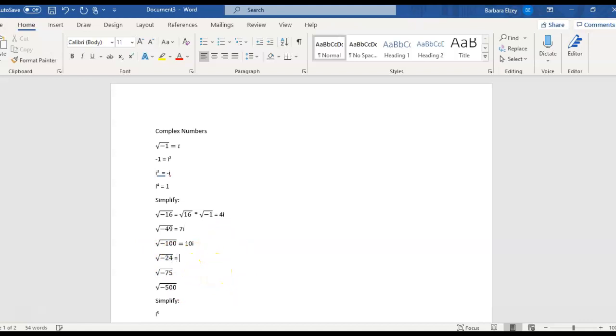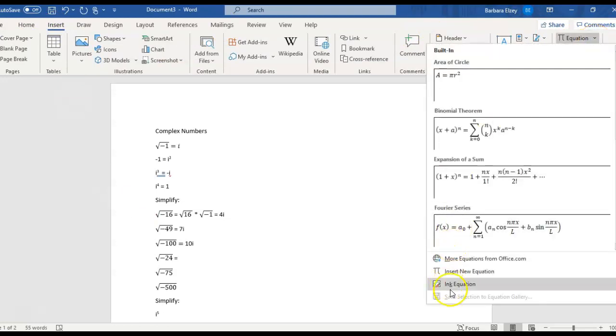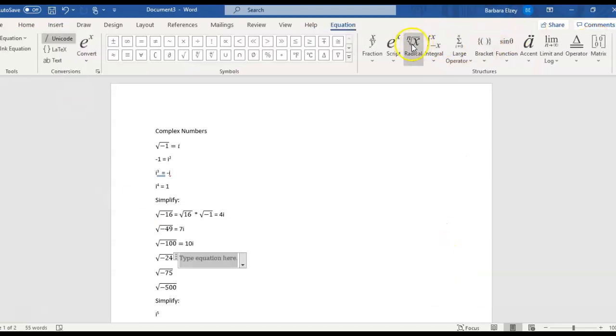Now, what do we do if it's not a perfect square root? Well, let's break this one up a little bit. Let's remember from back in intermediate algebra how we broke down something like the square root of 24. So I'm going to break down the inside of my radical, and I'll just go ahead and insert another radical here. We know the -1 part is in there. But let's think of multiples of 24.